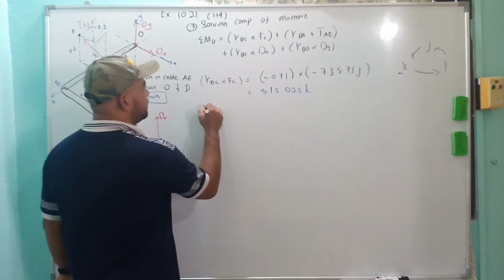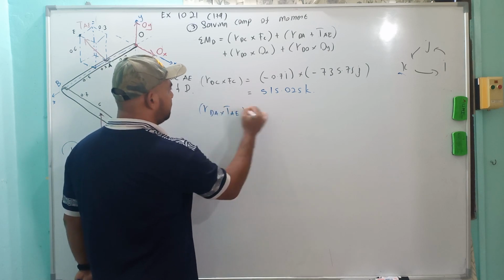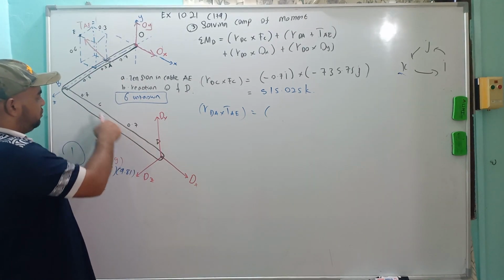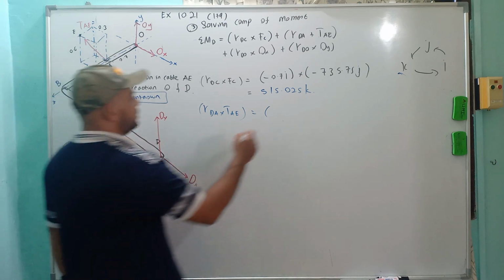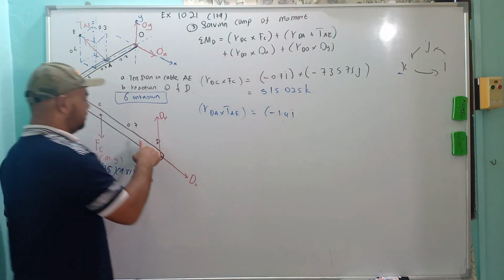And then we go to the RDA cross TAE, which is RDA first. From D to go to A, so you have to go negative X, negative Z, nothing on Y. So minus 1.4 I, because you go this direction.